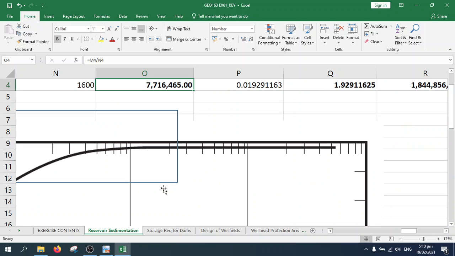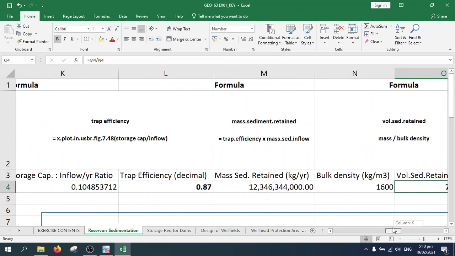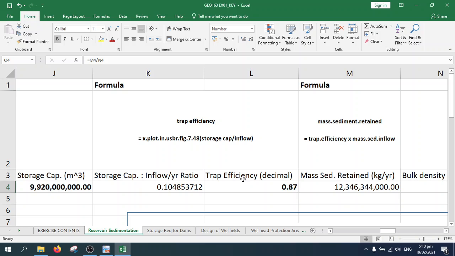But note that it's actually not a straightforward calculation because as you increase sediment in your dam, you're actually decreasing your storage capacity. So over time, as your dam fills up with sediment, your storage capacity decreases.